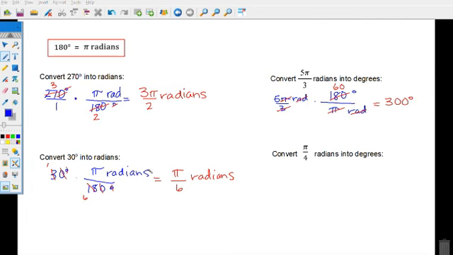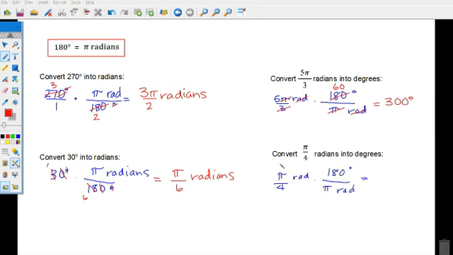So if we do that for pi over 4, radians is in the numerator. That means I need radians in the denominator, degrees in the numerator, 180 degrees, pi radians.